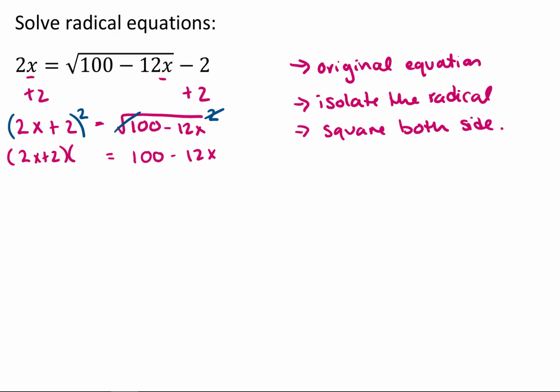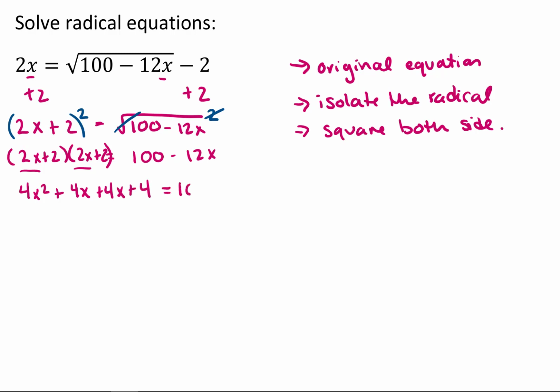And the reason why I'm going to write this out is to remind you that we're going to have to FOIL the left-hand side. So to simplify the left-hand side, we end up doing 2x times 2x, which is 4x squared. Outer is 2x times 2, so plus 4x. Inner, plus 4x. And last, plus 4.